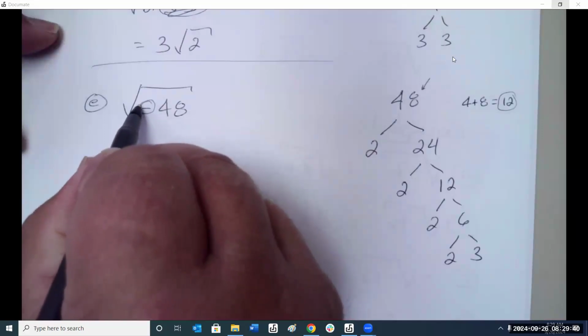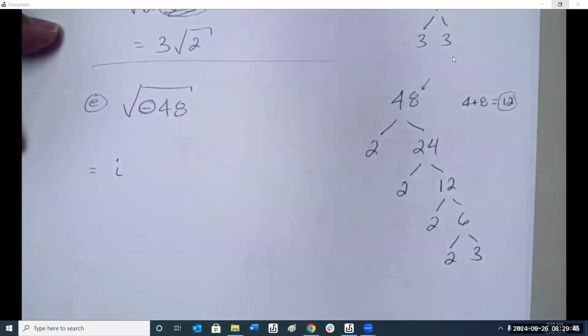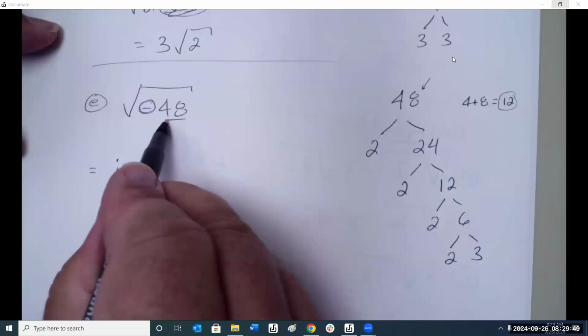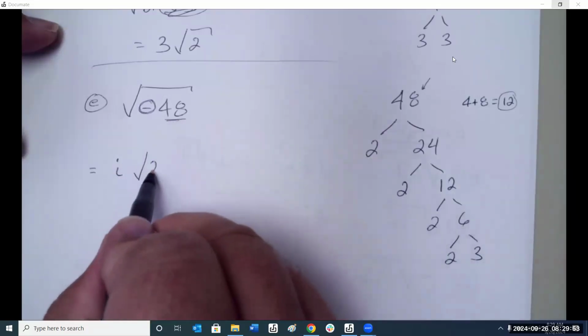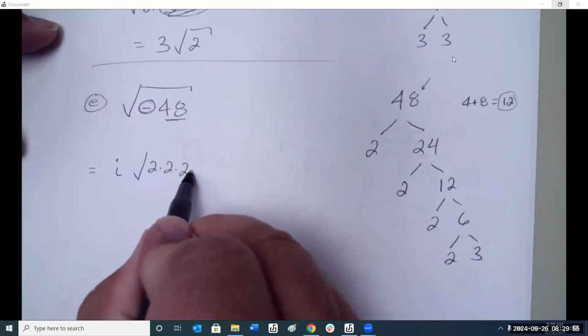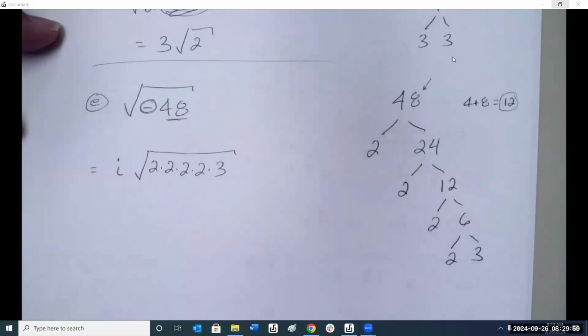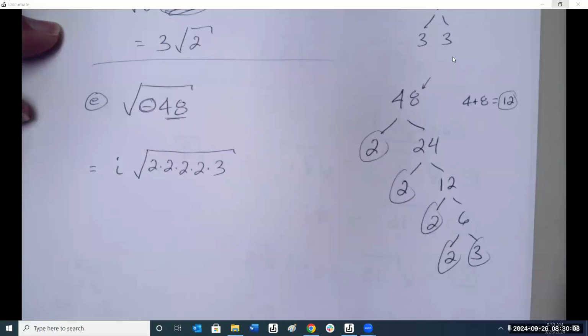So this negative inside here, we automatically know that it's going to become an i. And 48 breaks down into 2 times 2 times 2 times 2 times 3. 1, 2, 3, 4, 5 numbers.